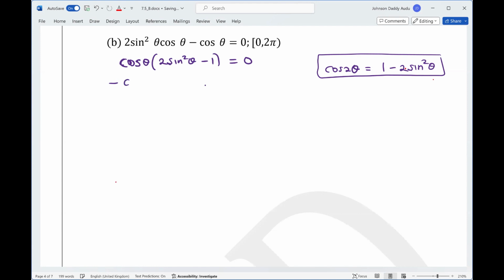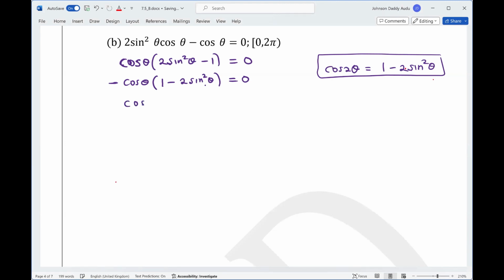So this is minus cosine theta, so that here will become 1 minus 2 sine squared theta is equal to 0. Because by the time you take this minus inside, you will come back there. But we can even cancel this minus since we have 0 on one side.